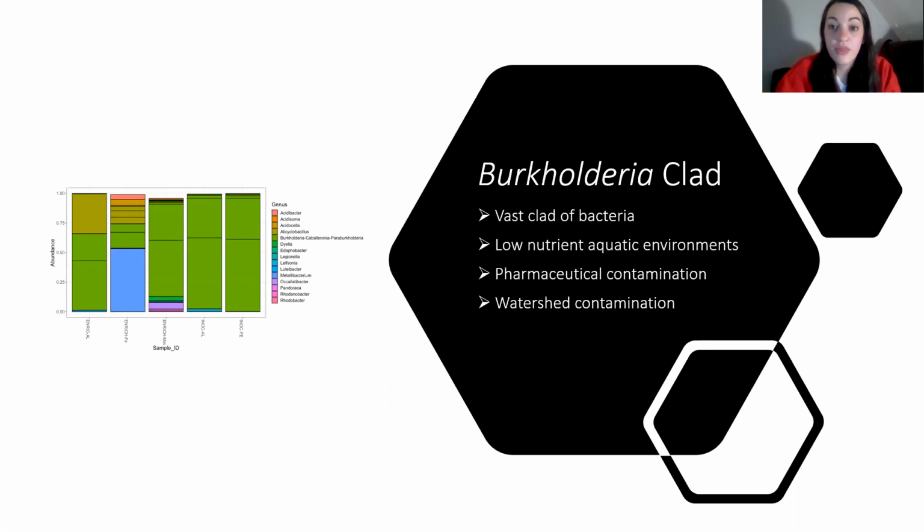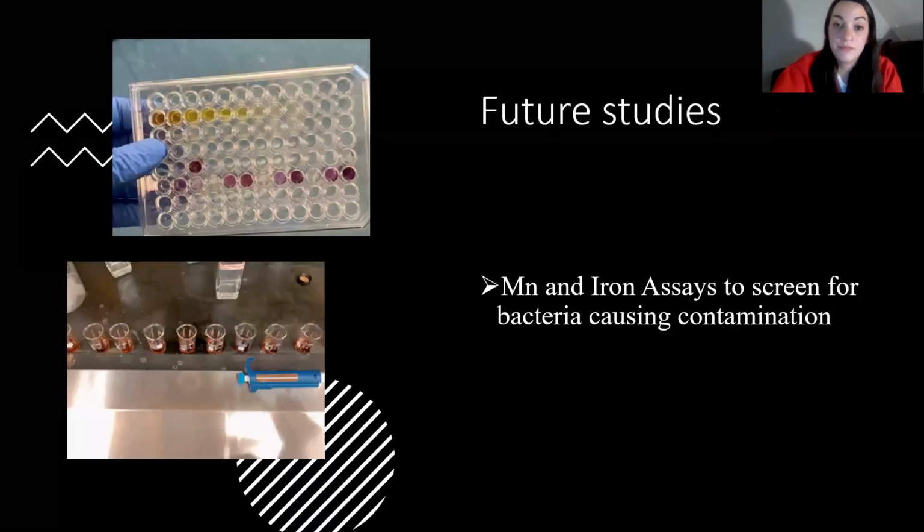So we know that this bacteria, as well as the CF3R isolate, are super interesting as to why they're there, and we want to explore a little bit more about what their role exactly is in the system.